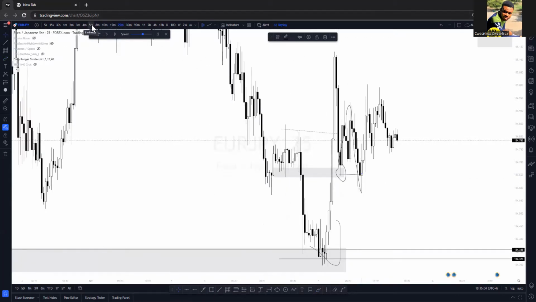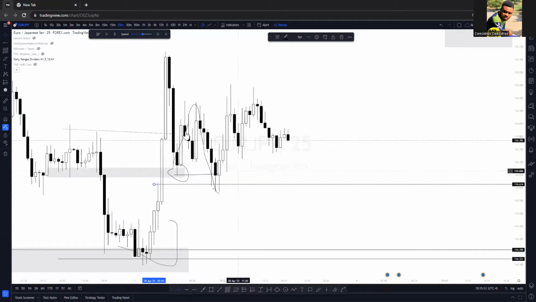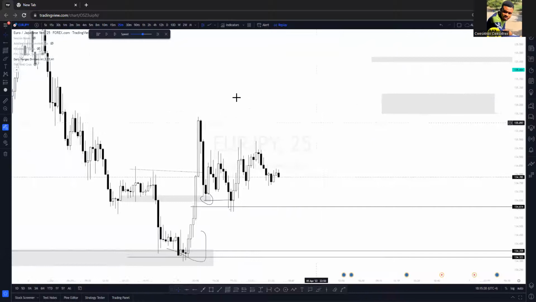Price induced all of them and played 100% of this inefficiency over here. So right now price has gotten fuel in the form of liquidity to push price to the upside. Right, a very nice one.